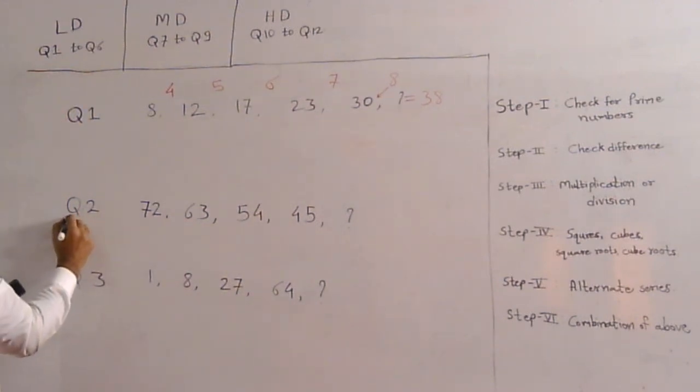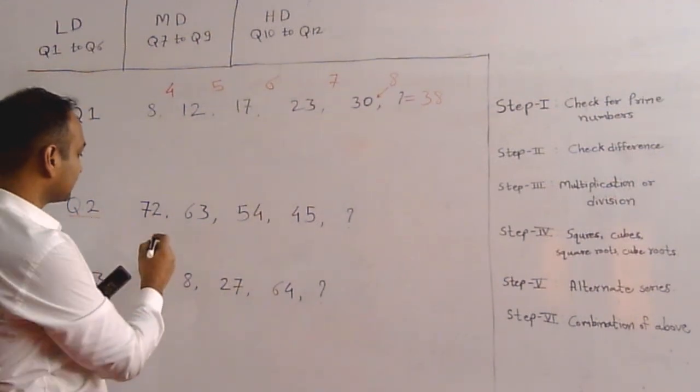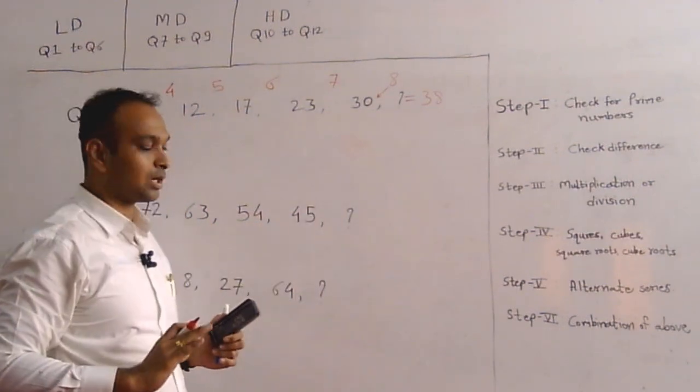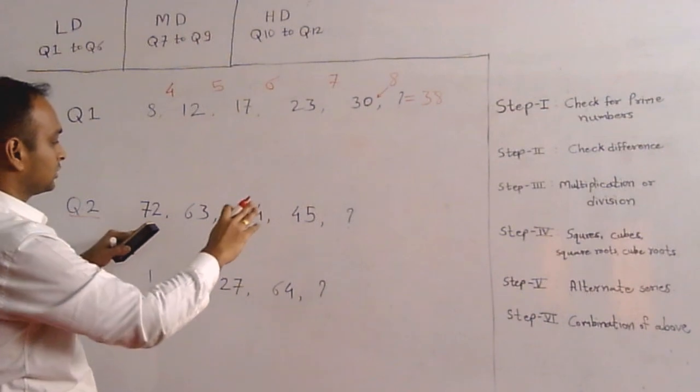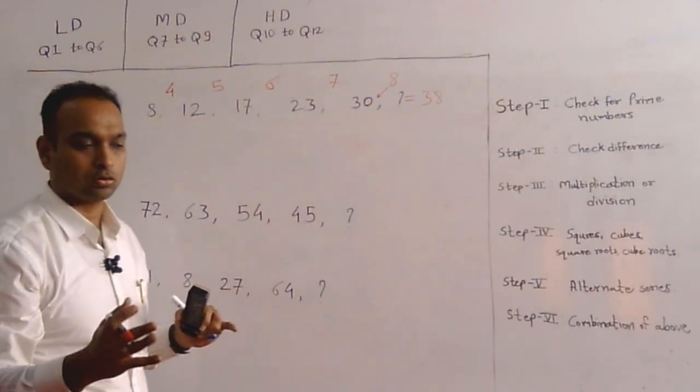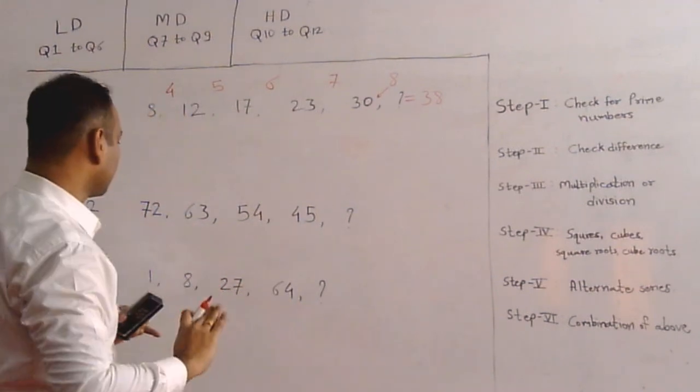Okay, let's go for the next question. Question number 2: we have 72, 63, 54, 45, and then a question mark. Check for prime numbers: 72, 63, 54, 45. Not a single one is a prime number.